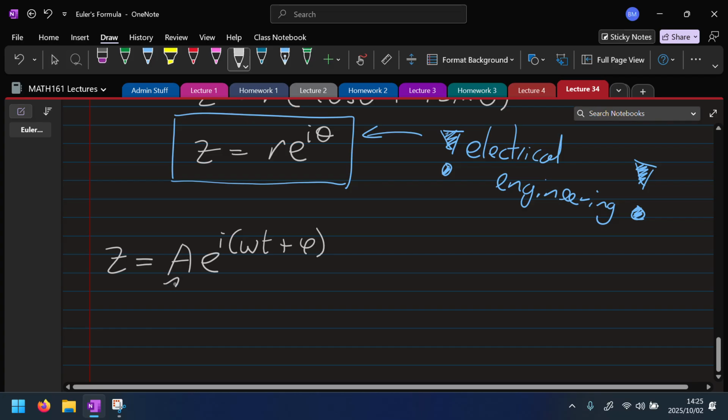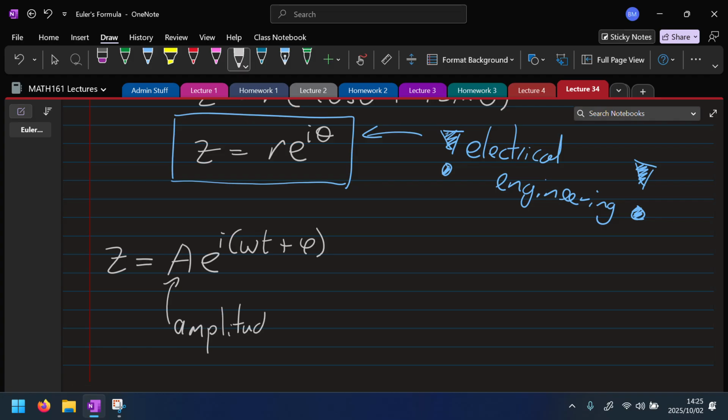So electrical engineers, just copy this bit down. So this is amplitude, frequency, and phase. Okay, so when you're working with your voltages and your currents and so on, your lecturer will say amplitude and frequency and phase and all of that, but you need to be thinking about this.